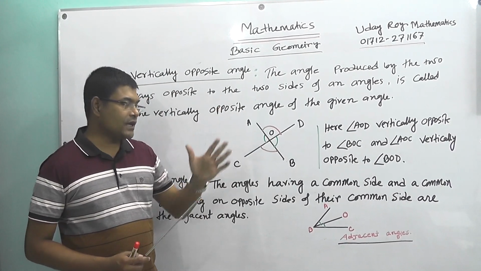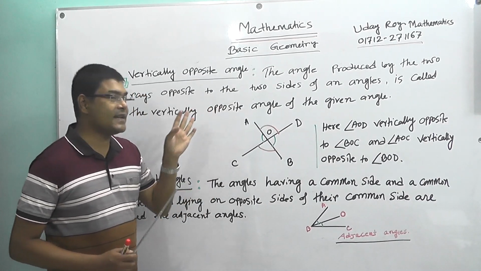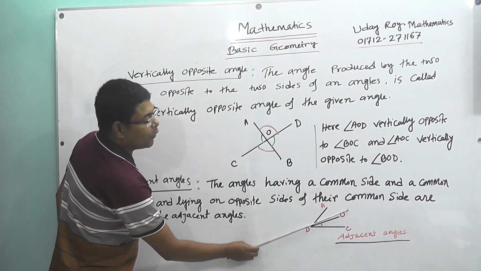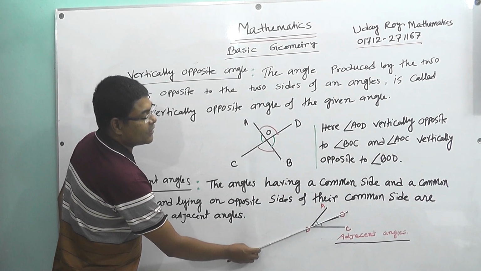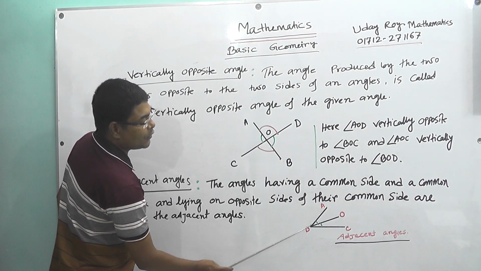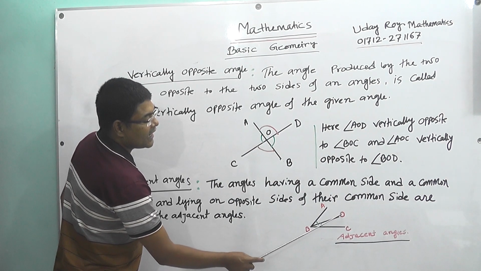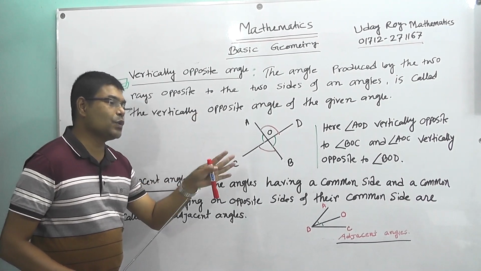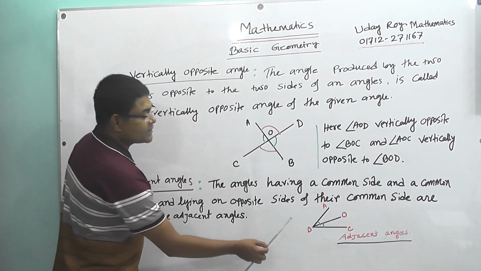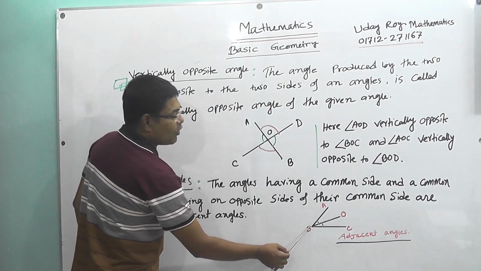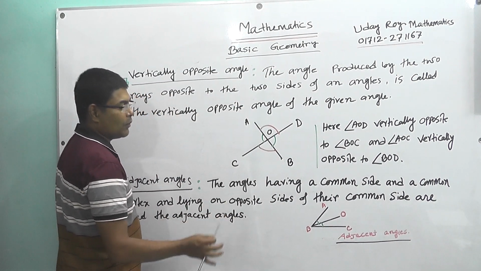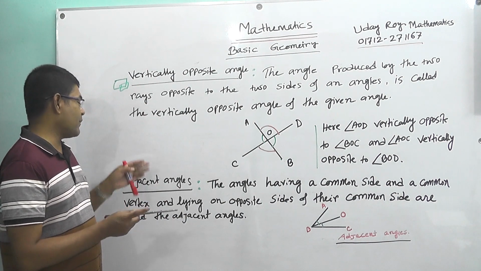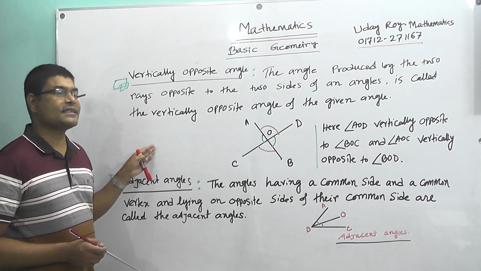You can see here BO is the common side of two angles. Here is ABO, this is the angle, and OBC is another angle. BO is the common side, and B is the common vertex. So this type of angles are called adjacent angles.